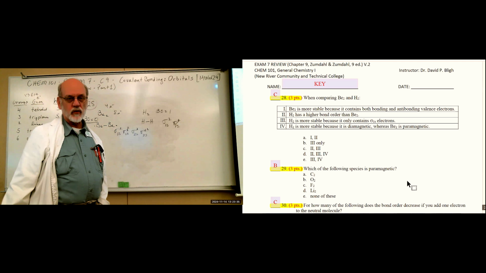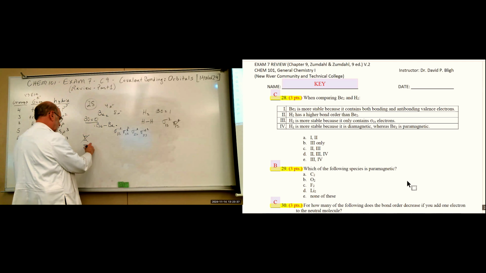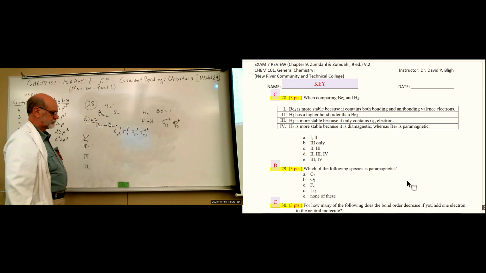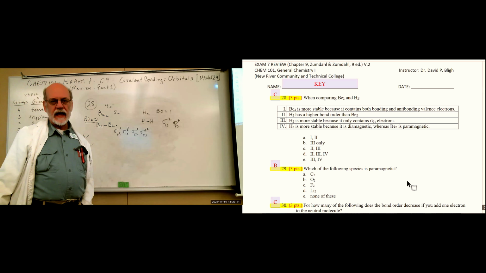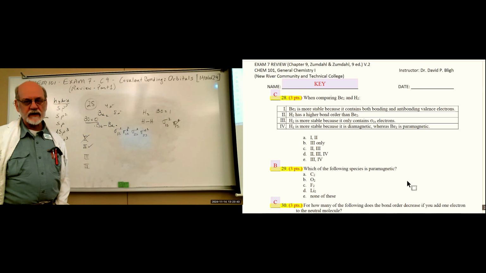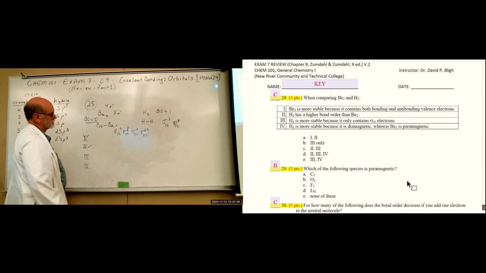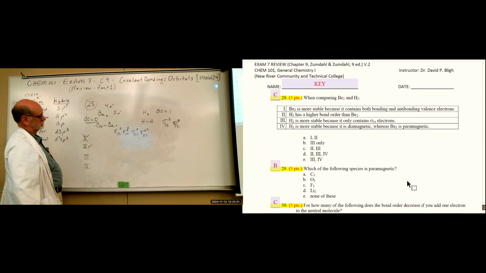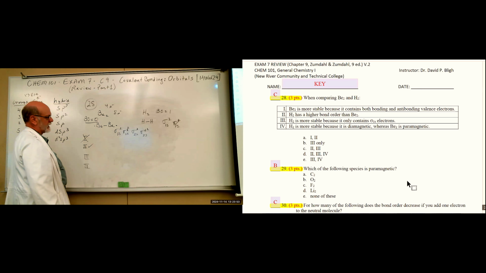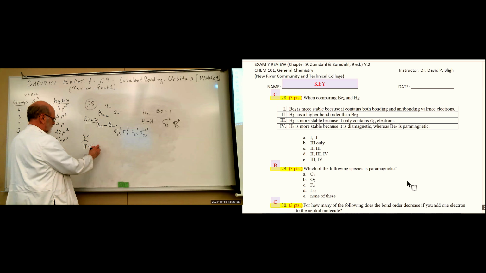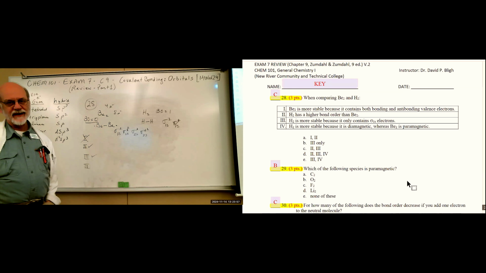H2 has a higher bond order than Be2. That's true. Definitely. H2 is more stable because it only contains sigma 1s electrons. Yeah, it has no anti-bonding electrons. I'll buy that.